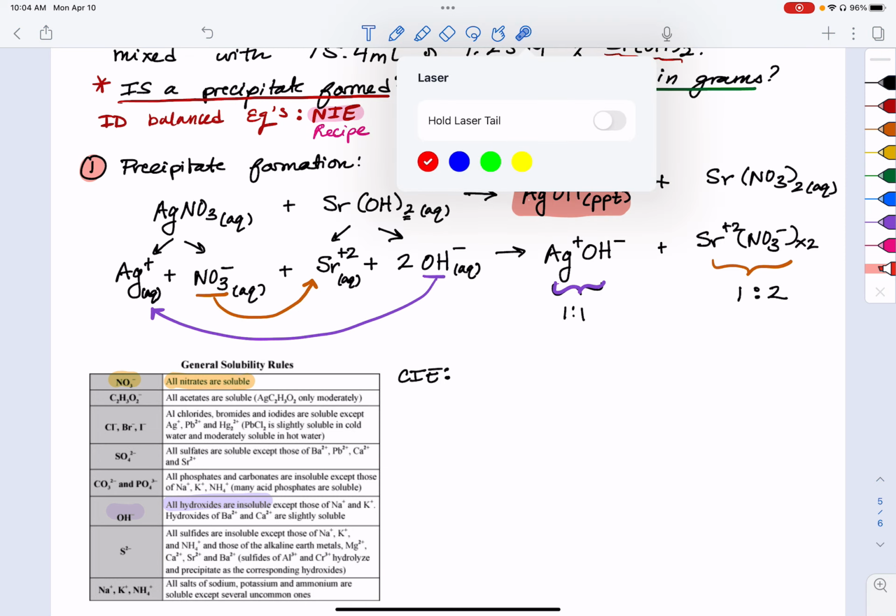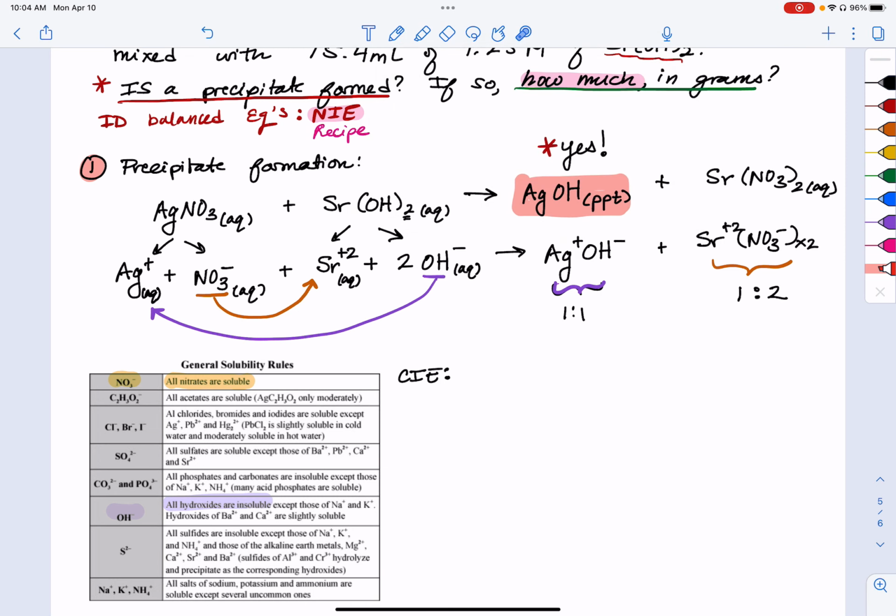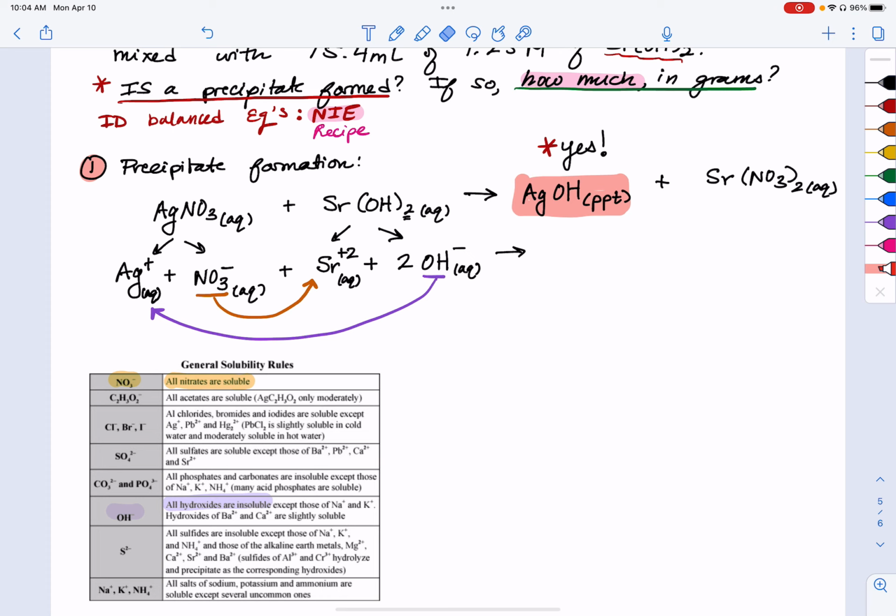So looking at this, let's see here. One silver, one nitrate, 2 nitrates. That's not good. I need to double my nitrates. In doing so, I'm doubling my silver.